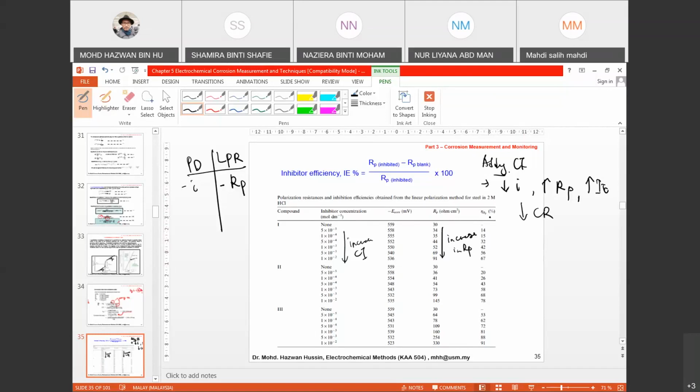Right. So how can you calculate inhibition efficiency based on linear polarization or polarization resistance value? This is the formula. Inhibition efficiency for the LPR method is calculated as RP with the presence of inhibitor minus RP of blank, divided by RP of inhibitor, multiplied by 100. We take one example, at concentration of 1 times 10 power of minus 2.